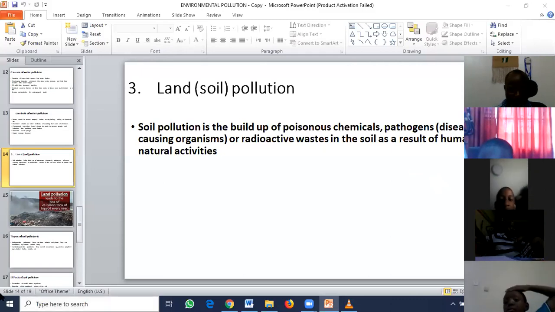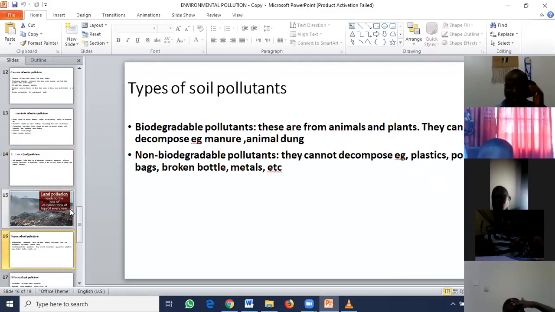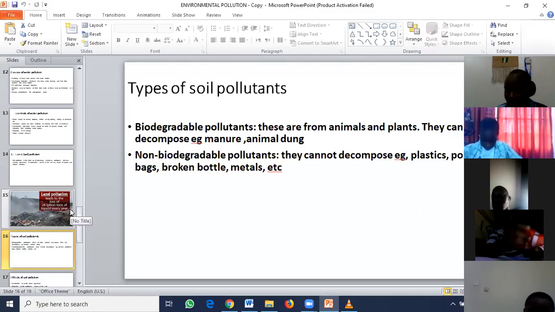Okay. All right. The next one here, types. I explained this before, that the pollutants on land can be broadly classified into two: the ones that are biodegradable and the ones that are non-biodegradable. Biodegradable means they can decompose.